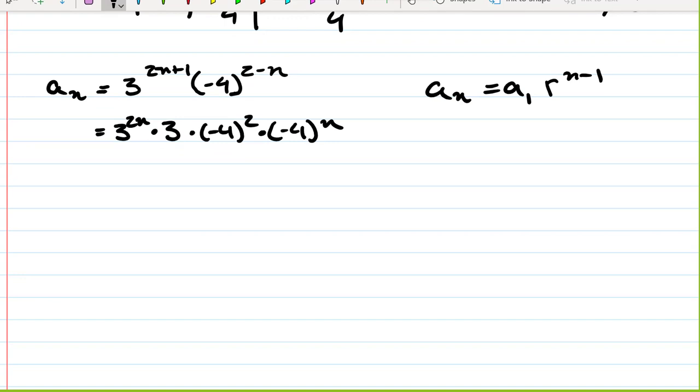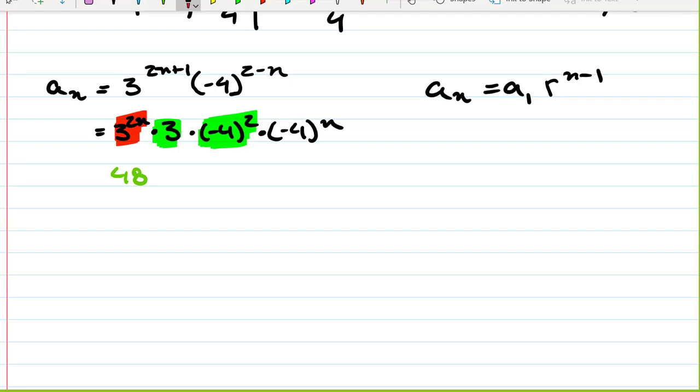So then I could combine a couple of things together. So I have a 3 and a negative 4 squared. So negative 4 squared is 16, and 16 times 3 is going to give me 48. Then I can focus on this piece right here. I have 3 to the 2n.